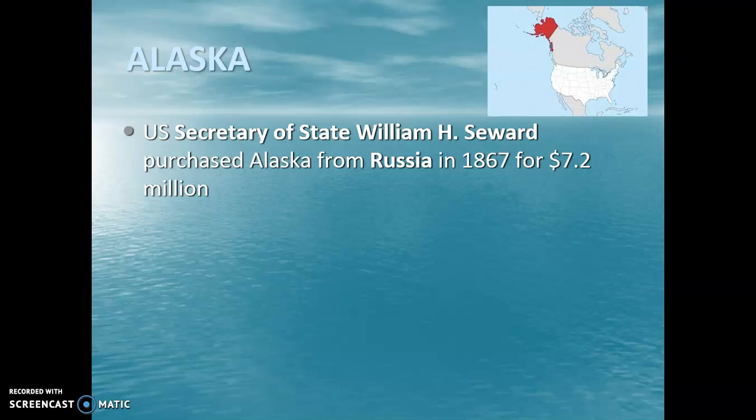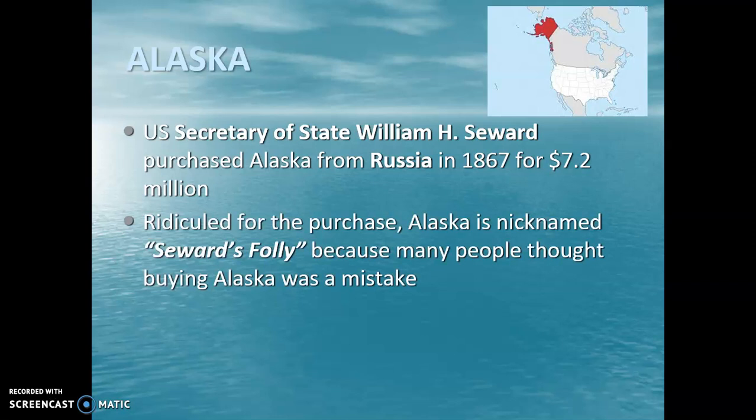So a lot of people at the time think that that's a really stupid idea. They don't think that that's a very good use of money. They call it Seward's folly, because a lot of people thought, what are you doing that for? There's really no point in buying Alaska. There's nothing up there. Why would you do that? However, later on, we figure out that there's a ton of gold and a ton of oil in Alaska, and people start rethinking their ideas.